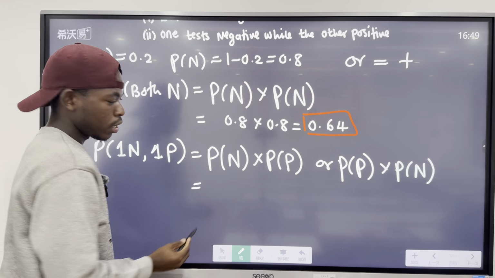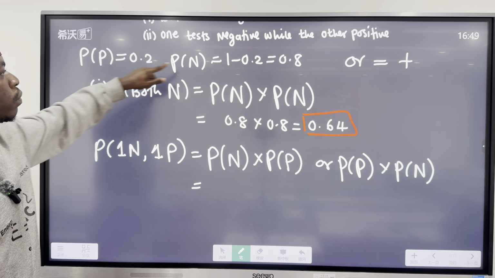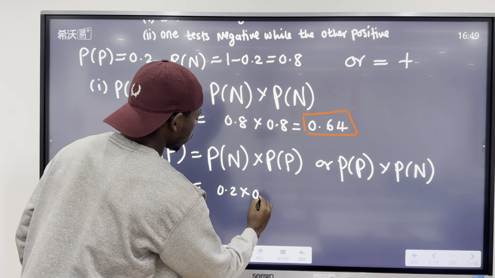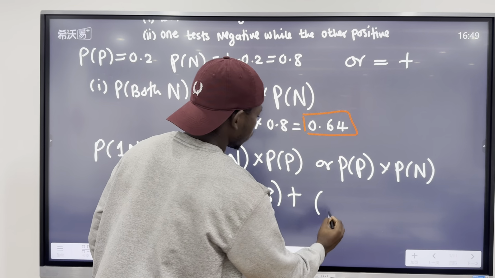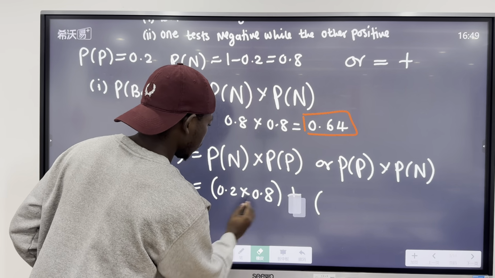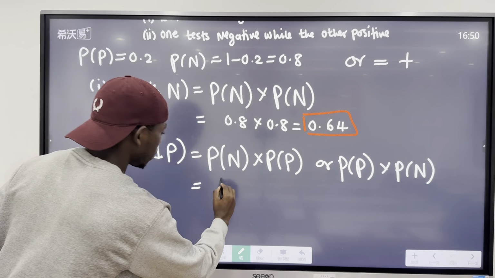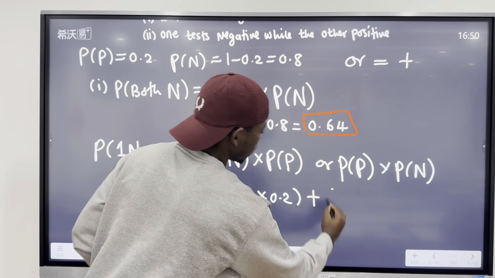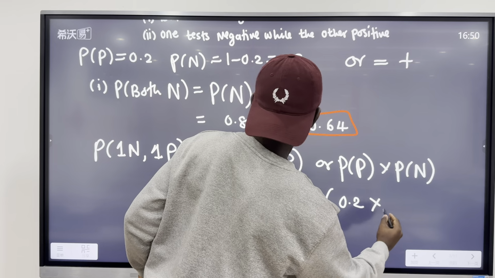So let's find this: the probability of N times the probability of P. We know P is 0.2, N is 0.8. So we multiply these first: 0.2 multiplied by 0.8. Then or means addition, so we add. The probability of negative is 0.8, but the result will still be the same. Then plus the probability of positive, 0.2, times 0.8.